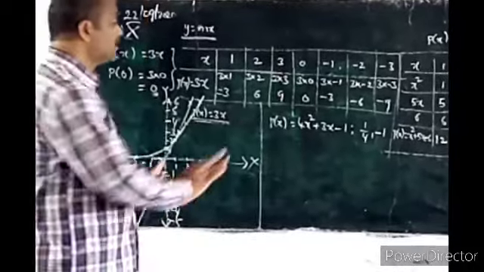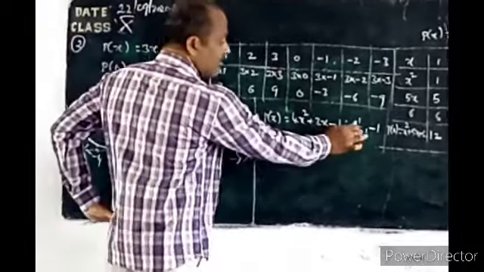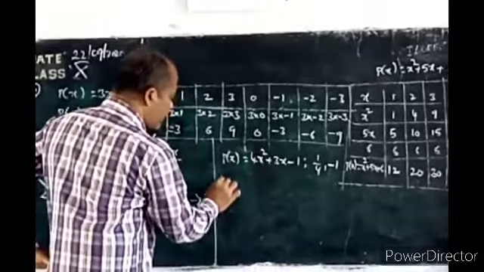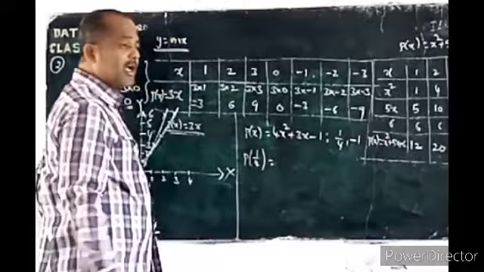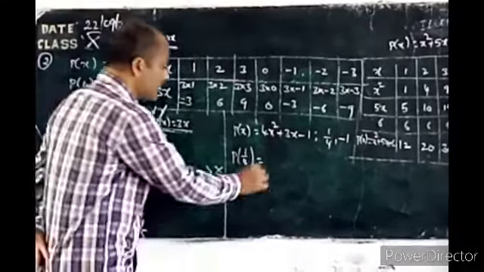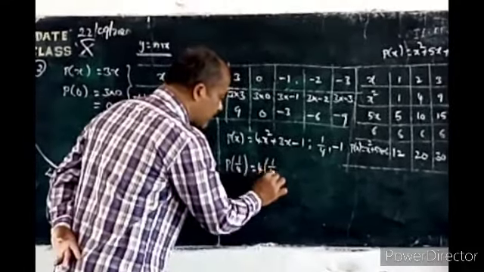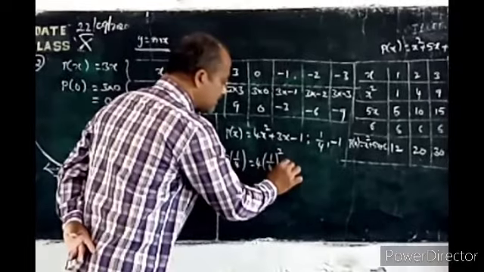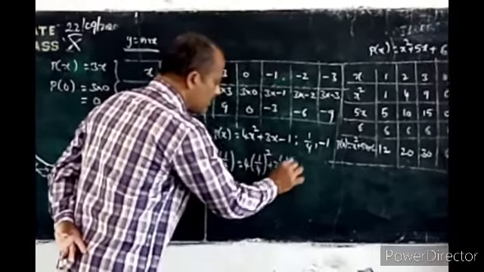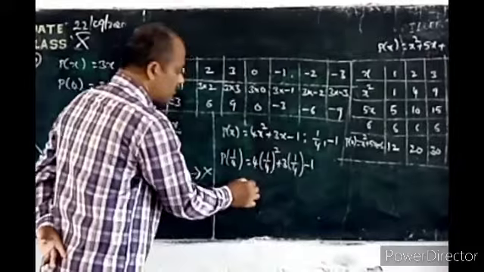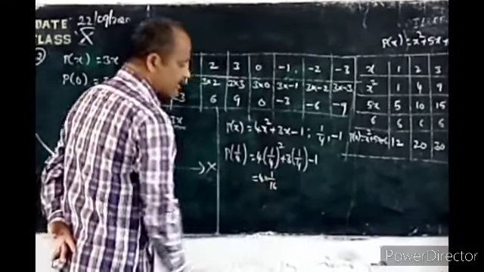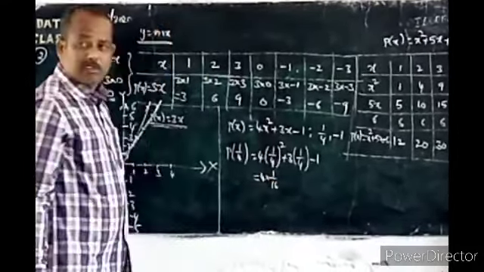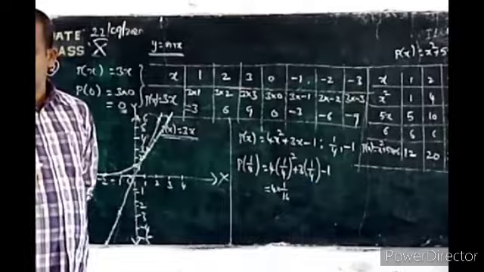That means just substitute 1/4 in place of x. P of 1/4 is 4 into 1/4 whole square plus 3 into 1/4 minus 1. 4 into 1/4 whole square is 1/16, not 8. Who said 8? 4 square does not mean 4 into 2.